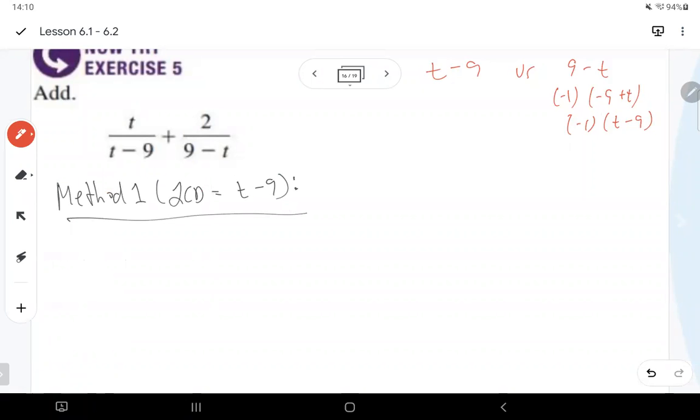So if you do that, then the first fraction stays the same. And then the second fraction, you just have to realize that you needed to multiply by a -1. So we do -1 here.